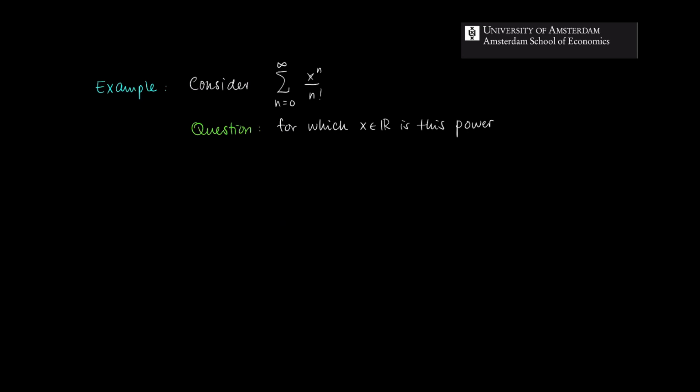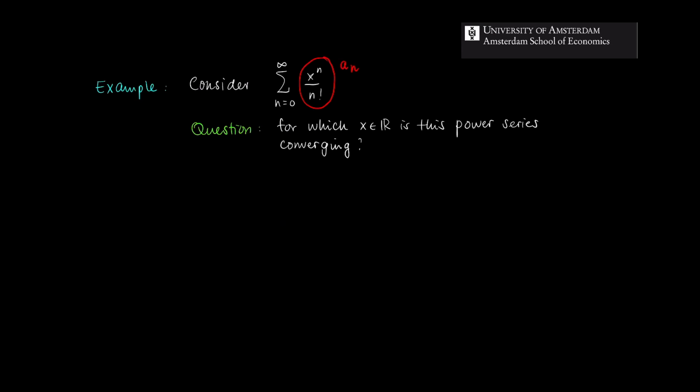For what x in R is this power series converging? Well, we can say something, since we can take these terms, x to the power n divided by n factorial, and define them as a sequence of elements a_n.